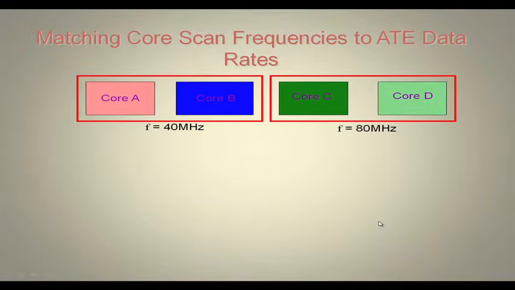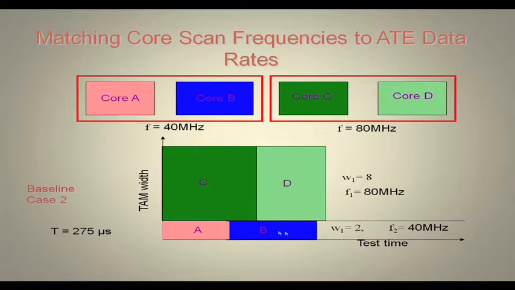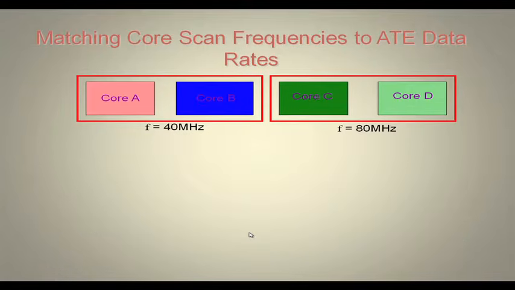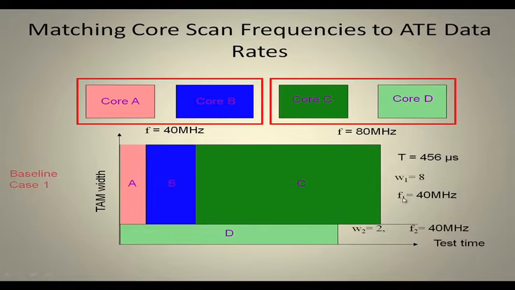Now, in another case, we do the schedule in a slightly different fashion. We put core C and core D on this 80 megahertz part with the width 8. In the previous example, both F1 and F2 were 40 megahertz, so none of them were put on the fast channel.